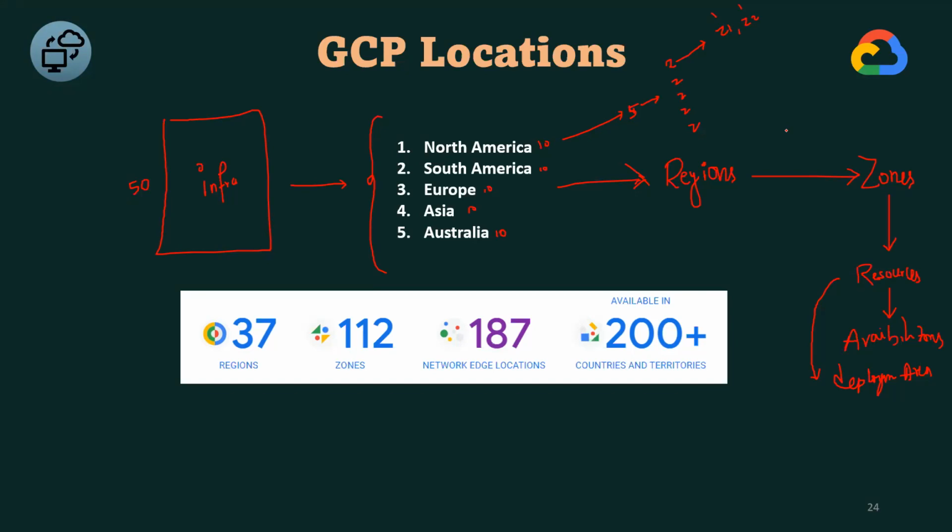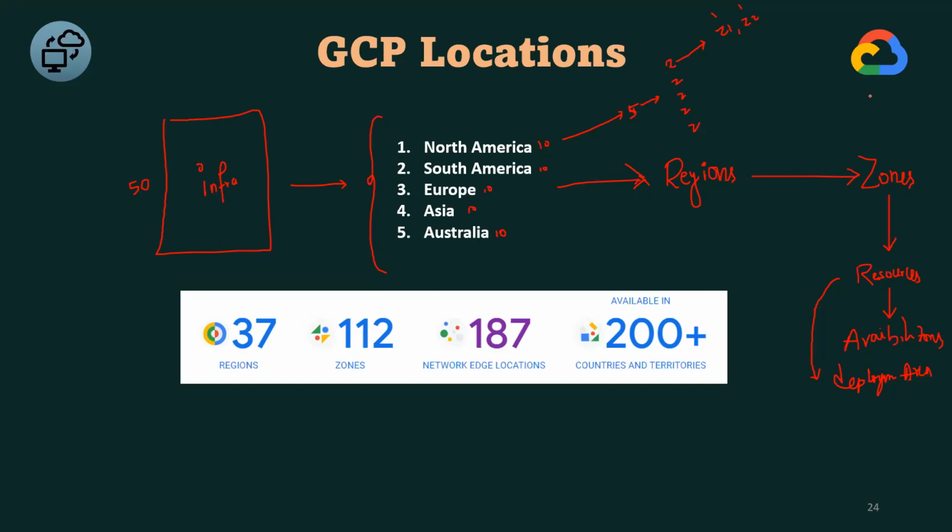In Google Cloud Platform, in total we have 5 locations, 37 regions, 112 zones, 187 network edge locations. It is available in 200 plus countries and territories. So this is the entire GCP infrastructure and location details.